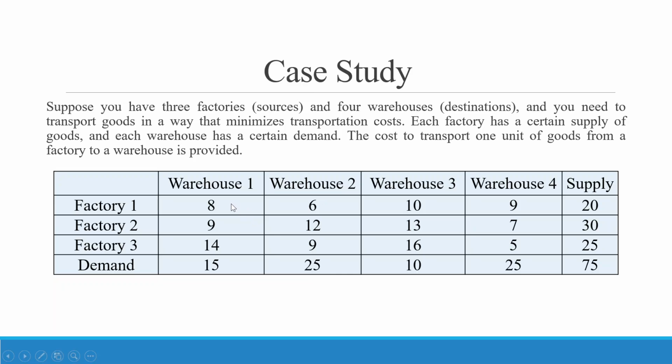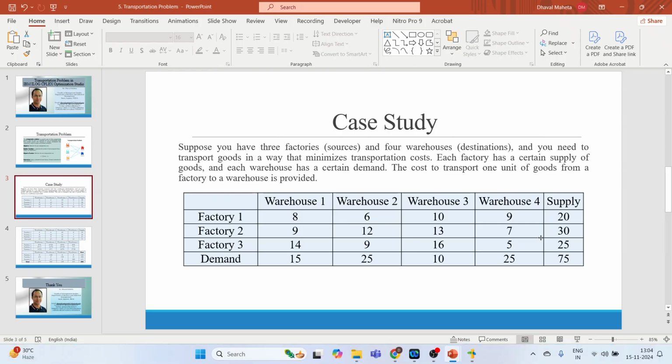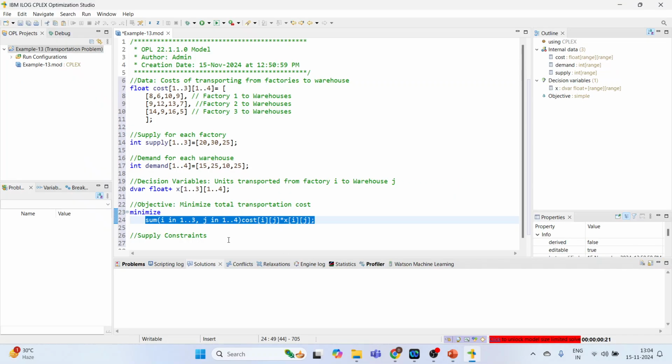So we want to find out X, the quantities. Let's say factory 1 to warehouse 1, the cost is 8. Now we want to find out what quantity should be transported. Similarly, from factory 2 to warehouse 2. And then summing up, and that summation should be minimized.